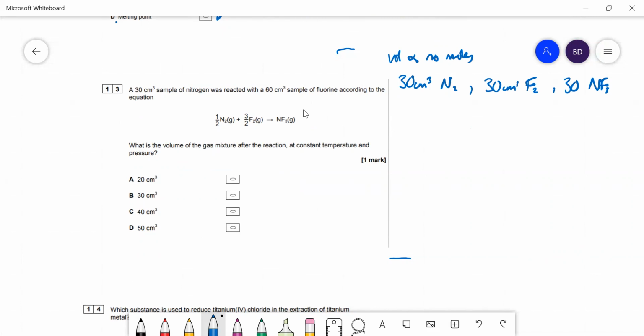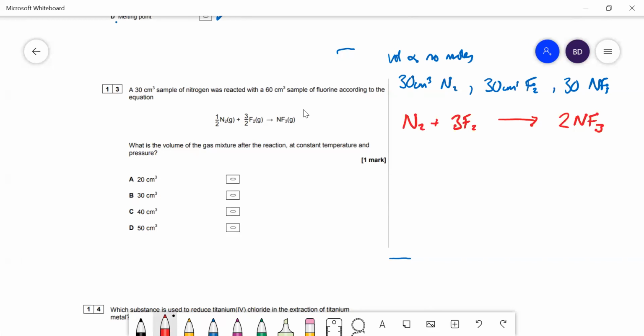So the volume is proportional to the number of moles. I don't like having fractions in that because it puts me off, so I'm going to change it to N2 + 3F2 goes to 2NF3.